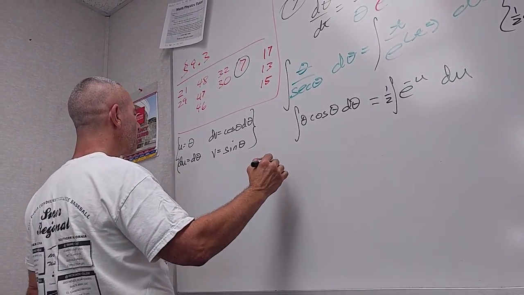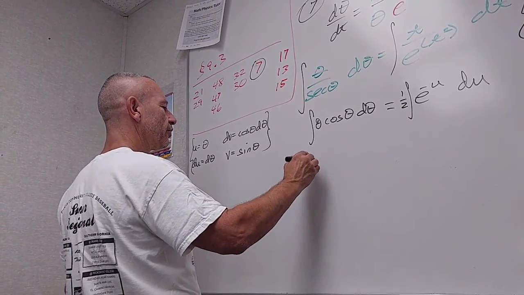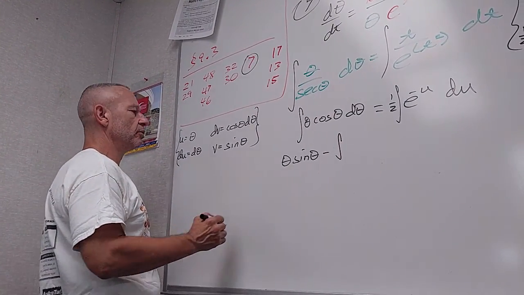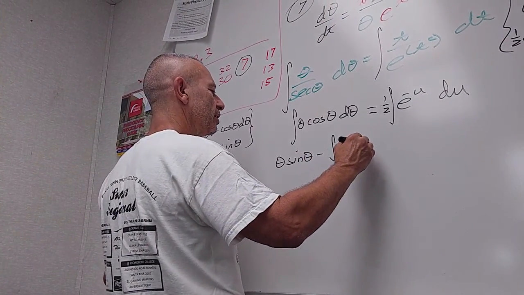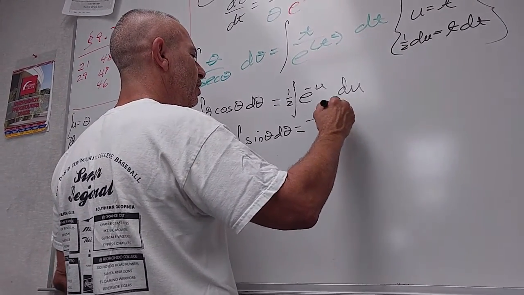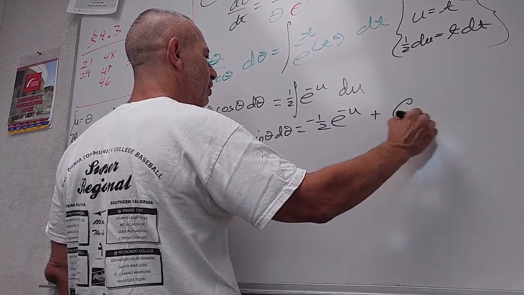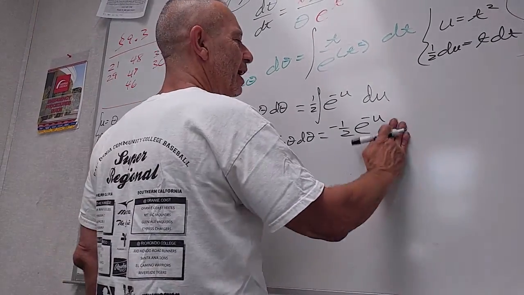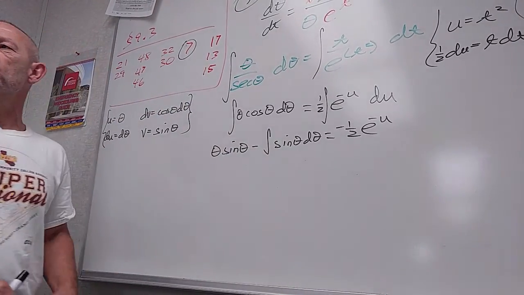So this is u times v, theta sine theta, minus the integral of v du, sine theta d theta, all equals minus 1/2 e to the minus u plus an arbitrary constant. Maybe we'll wait till the very end to add the arbitrary constant, whatever one that generates.